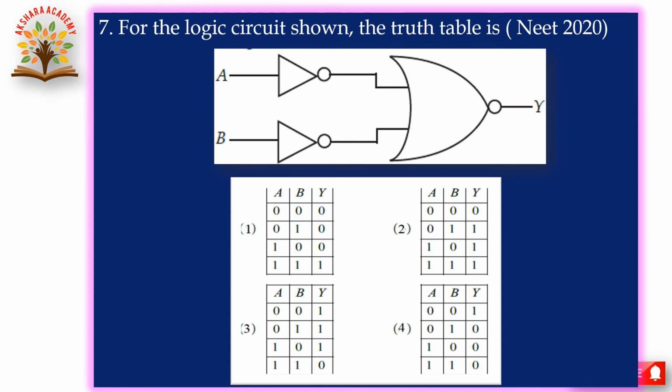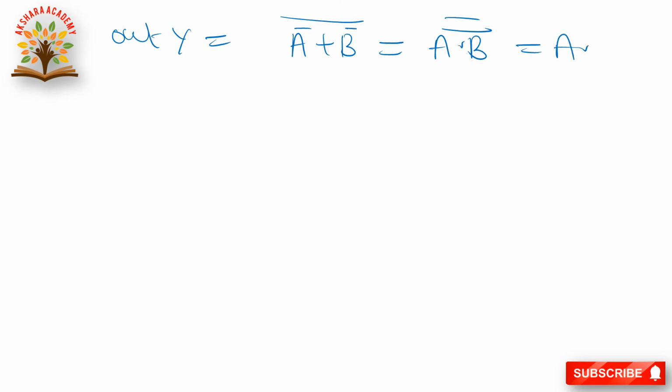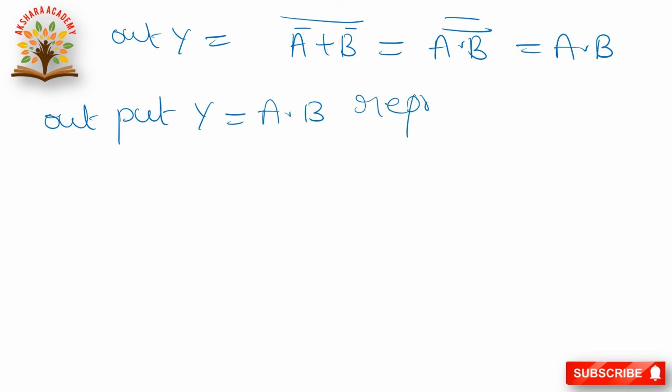Now we'll discuss the output Y. Y is equal to A bar plus B bar, that is A dot B bar, so that is equal to A dot B. So the output Y is A dot B. So this represents an AND gate.